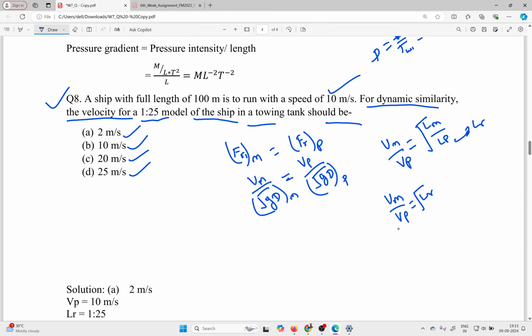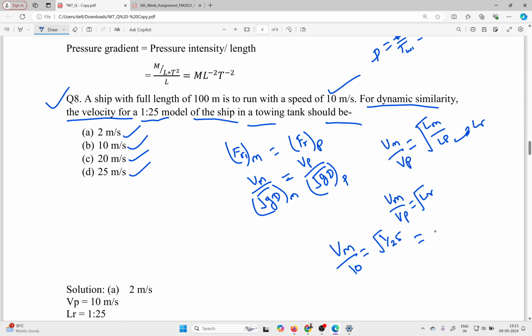So it is given to you, V prototype is 10 meter per second, and the ratio is given 1:25.